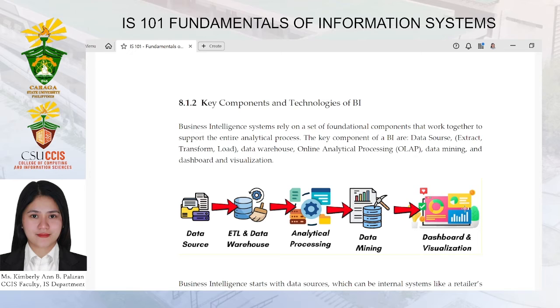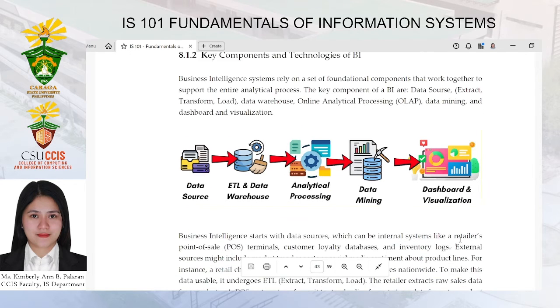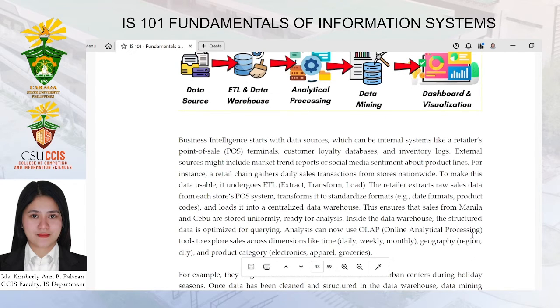The key components of business intelligence are data source, where we extract, transform, and load data, data warehouse, online analytical processing, or we call it OLAP, data mining and dashboard, and of course, visualization. Business intelligence starts with data sources, which can be internal, like a retailer's point of sale.